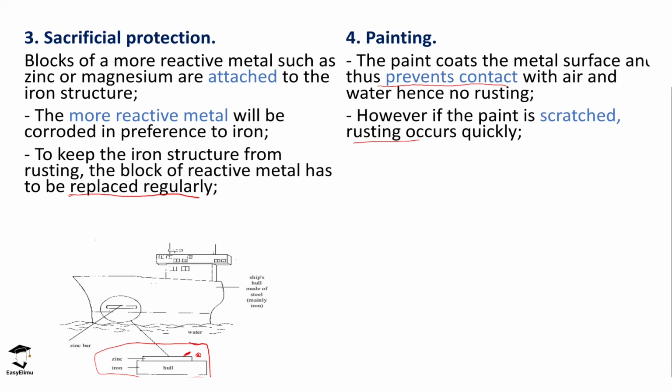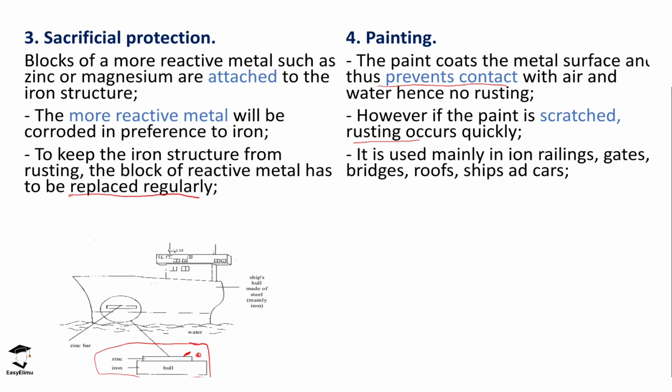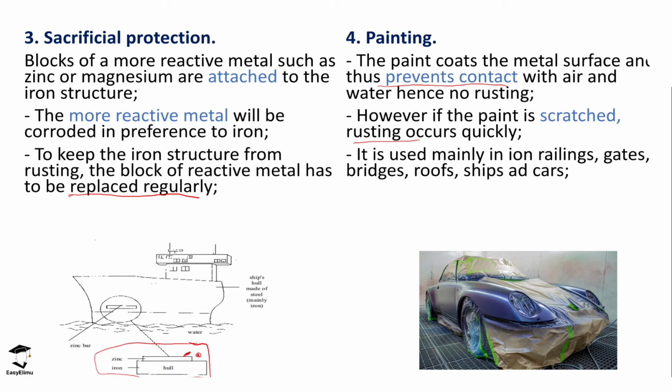You have seen that in most iron sheets that are painted, and you can also see it in gates and in cars. We know cars are usually painted, and sometimes when that paint is scratched, it can cause the car to rust faster.